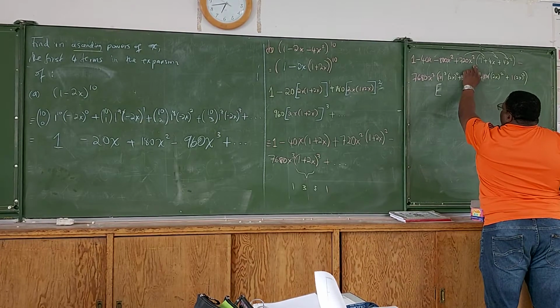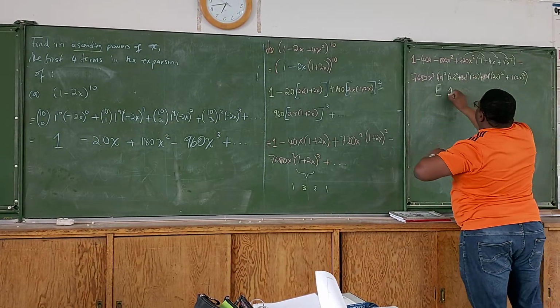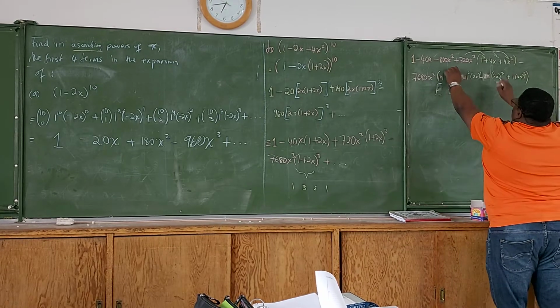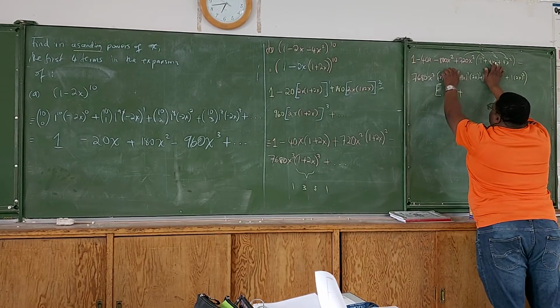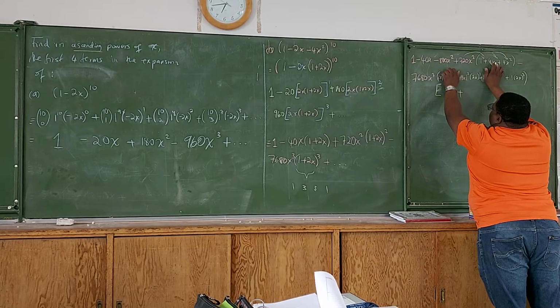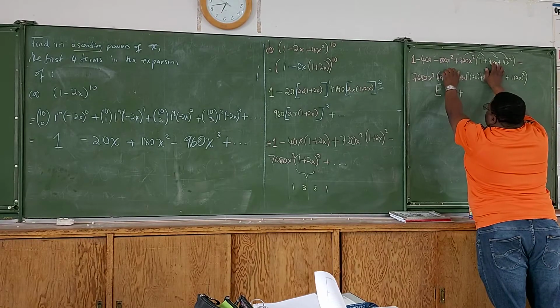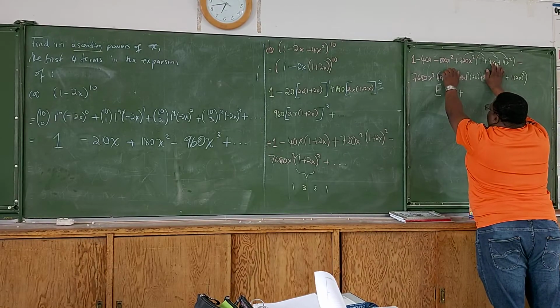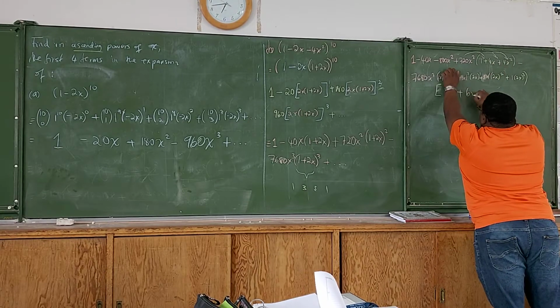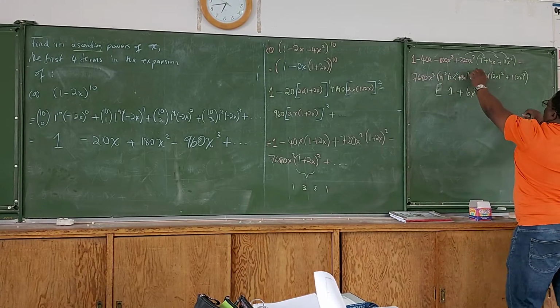Are you with me so far? Okay. So from there to there, it's what? 6x. 6x squared. Okay. You're with me so far.